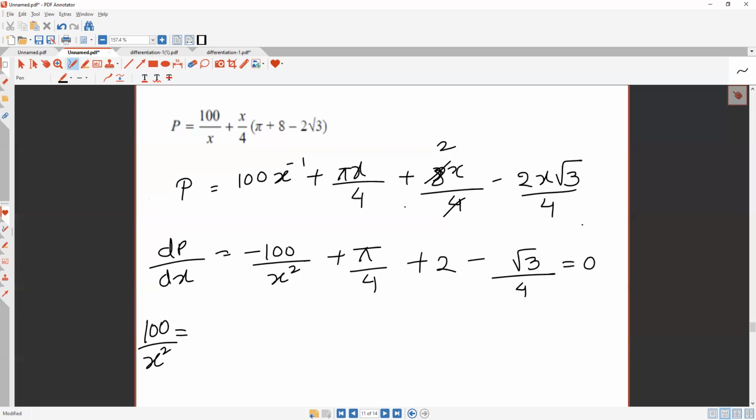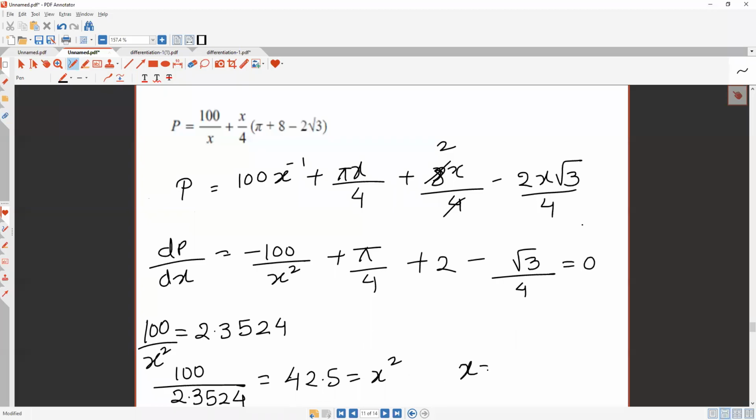I'm getting 2.352. Bring x square here: 100 divided by 2.3524, 100 divided by the answer gives 42.5.